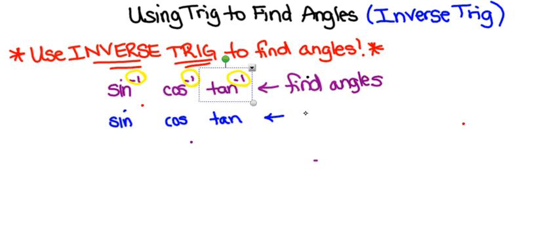We use these fellows in blue to find sides. So if you're finding angles, you're using these inverse guys in the calculator. If you're finding sides, you're using our plain old friends sine, cosine, and tangent. And we'll talk a little bit about where to find those new friends, the inverses, in the calculator, but let's go ahead and look at an example.